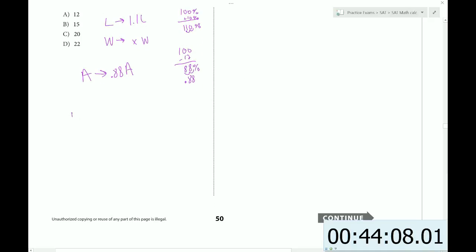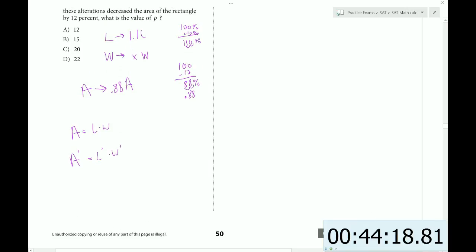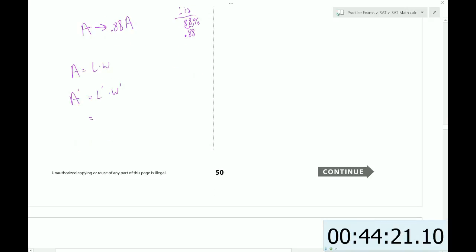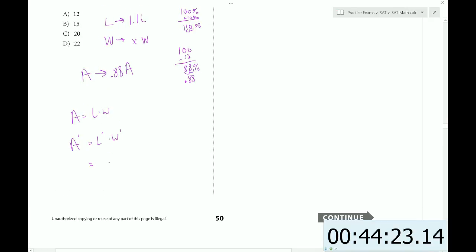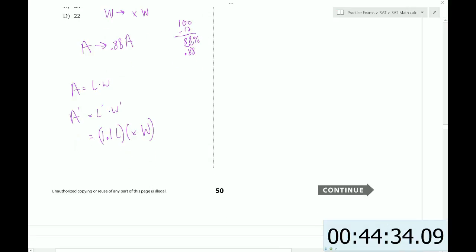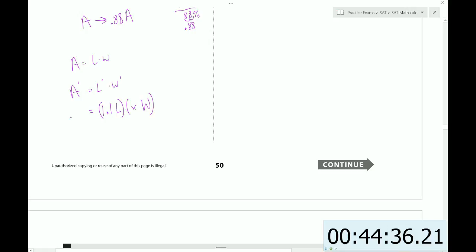So basically the area formula is length times width, and then the new area, we'll call it area prime, is equal to length prime times width prime. And of course, length prime is 1.1 times length. Width prime would be x, which is an unknown multiplier, times the width. And that is going to equal 0.88A. That would be what A prime would equal.